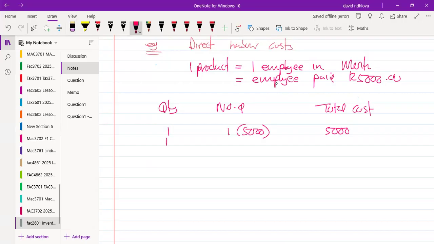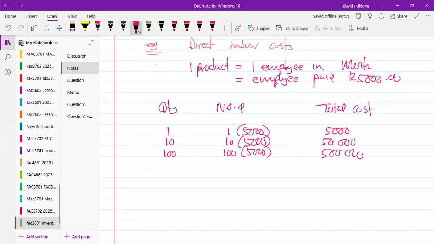If you need 10 units, you must employ 10 employees whom you are going to pay 5,000 each, which means we are looking at 50,000. If you want 100 units, you employ 100 employees, you pay them 5,000, which means you need 5,000 by 100, that would be 500,000.